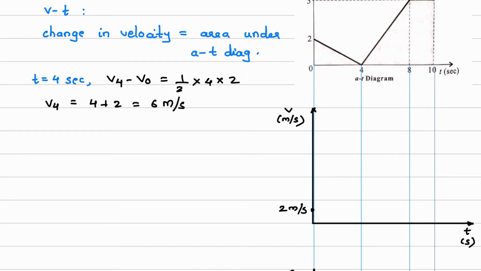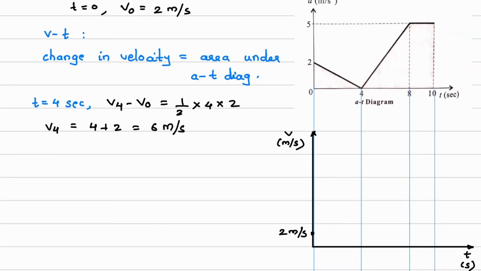So after point V0 we have V4. Okay, now understand how to draw this curve. Okay, now acceleration diagram, if you see, what is acceleration? It is dv by dt. Okay, so acceleration here, it is decreasing.